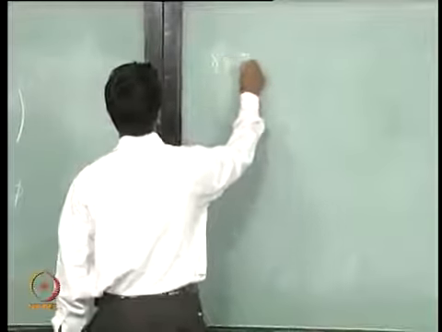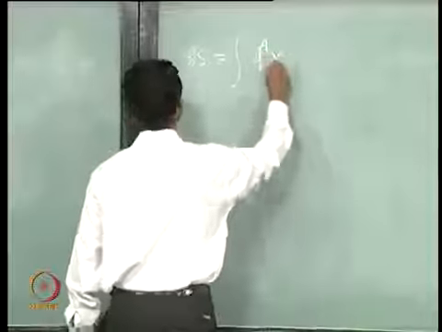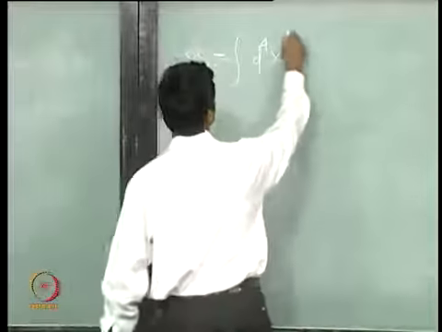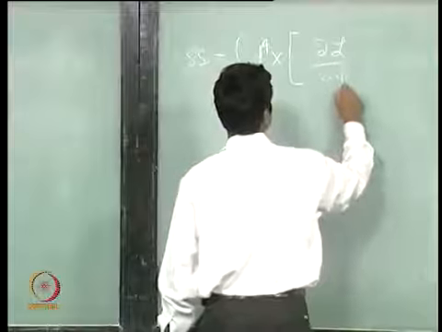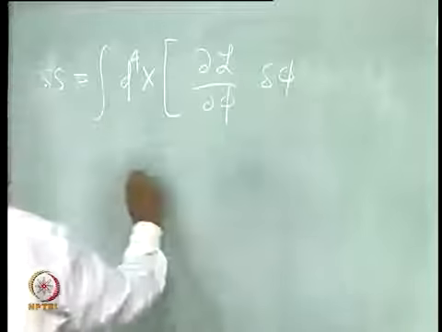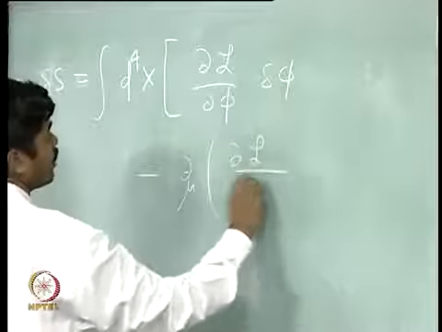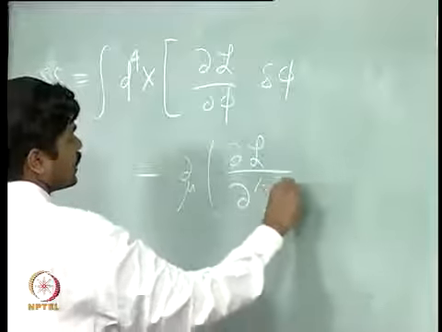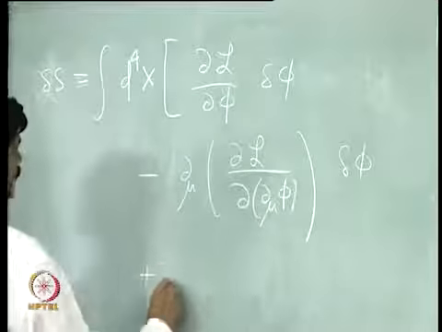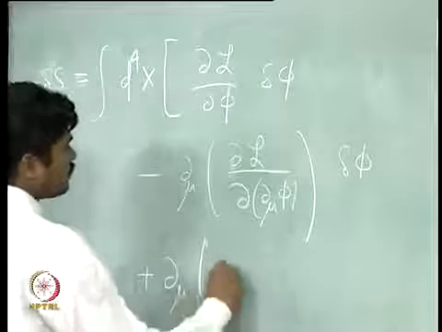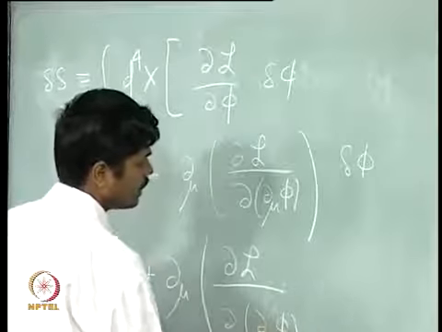Then what I get is delta S is equal to the integral d4x of del L over del phi delta phi minus del mu of (del L over del mu phi) delta phi plus del mu of (del L over del mu phi delta phi).